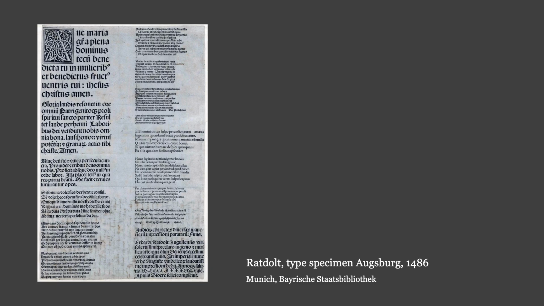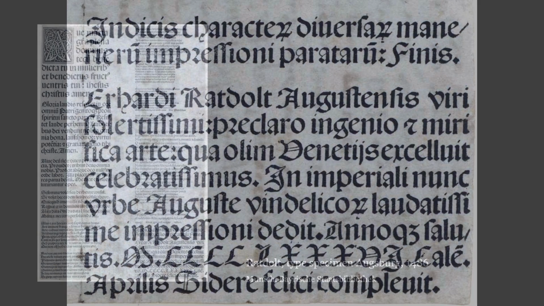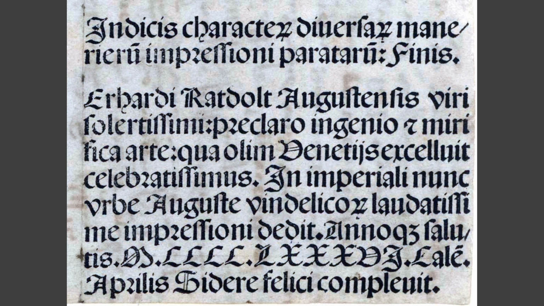And just to finish with Ratdolt, I suppose it's worth looking at his type specimen of 1486. He went back to his hometown, Augsburg, and here is his type specimen, the earliest thing of its kind we know, and this very fine online version you can see in the reproductions of the Bavarian State Library.